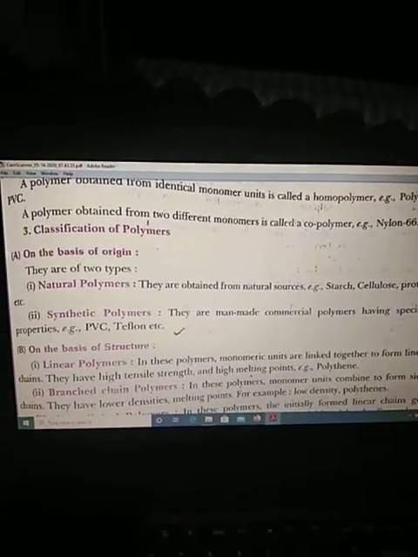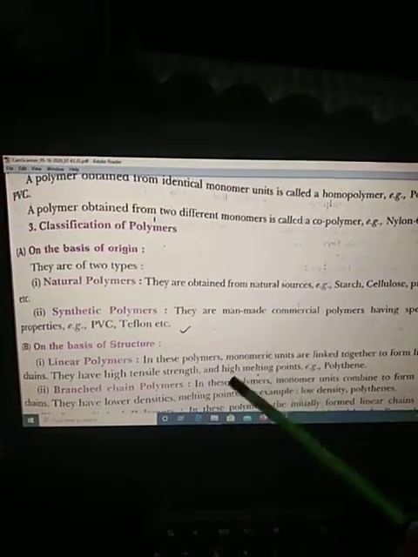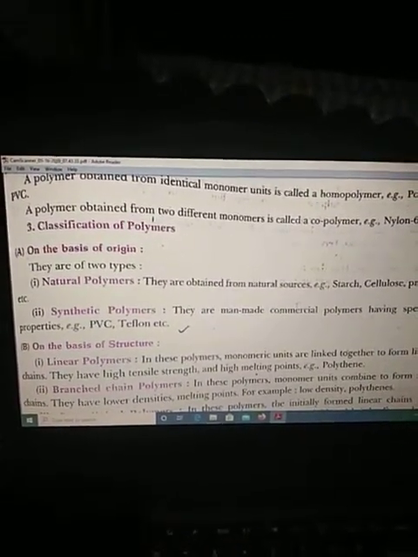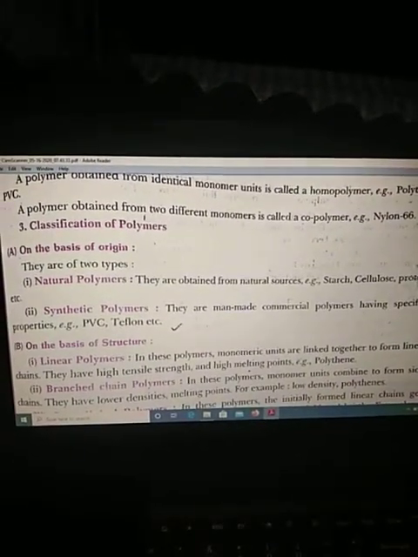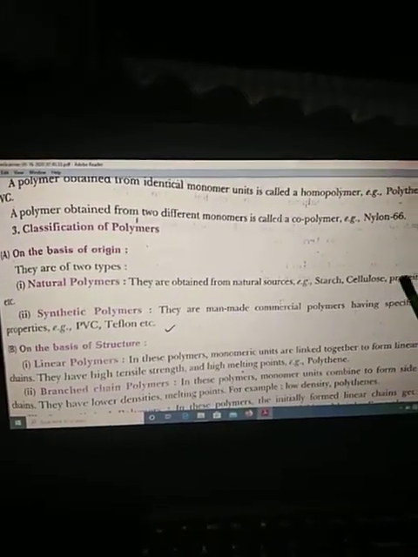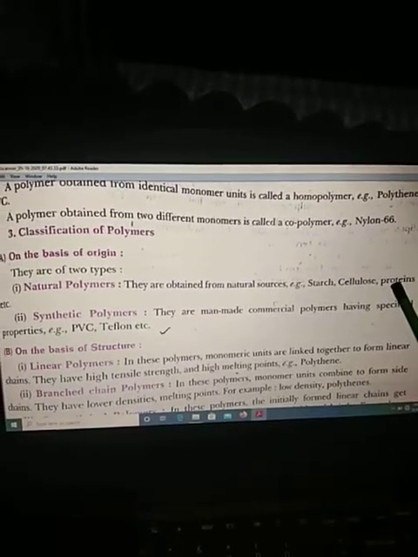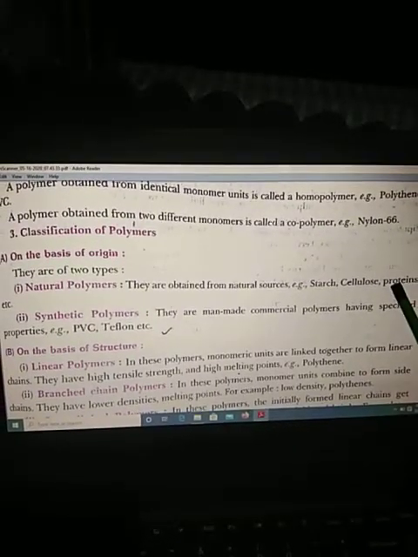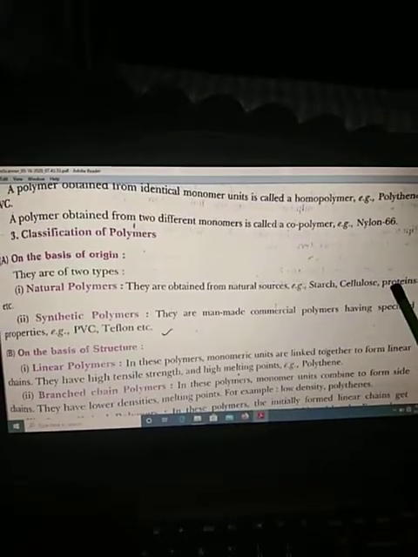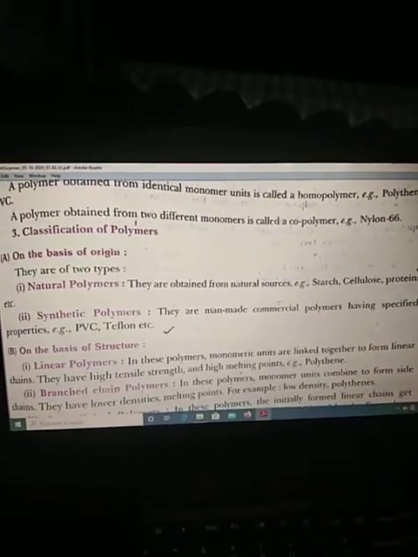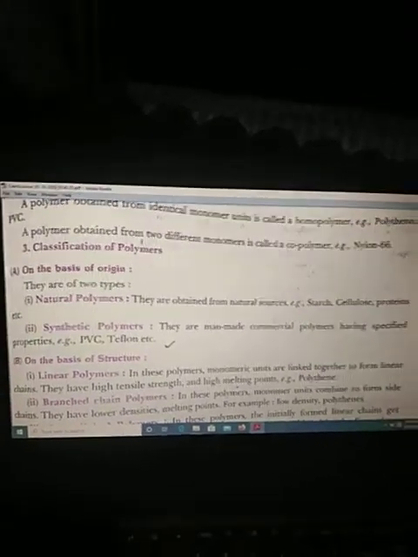Now over here protein is considered a natural polymer. This is present in our food, and the monomer units of protein are amino acids. After this we have the chapter called biomolecules, where we'll study proteins in detail.